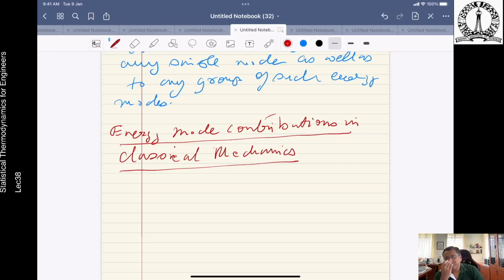We consider the classical contributions from various energy modes to the macroscopic internal energy and heat capacity. Our eventual goal is to compare the classical and the quantum allocations from each of the translational, rotational, and vibrational modes.